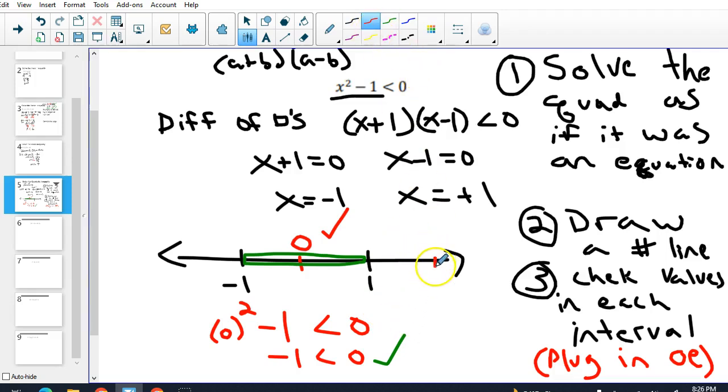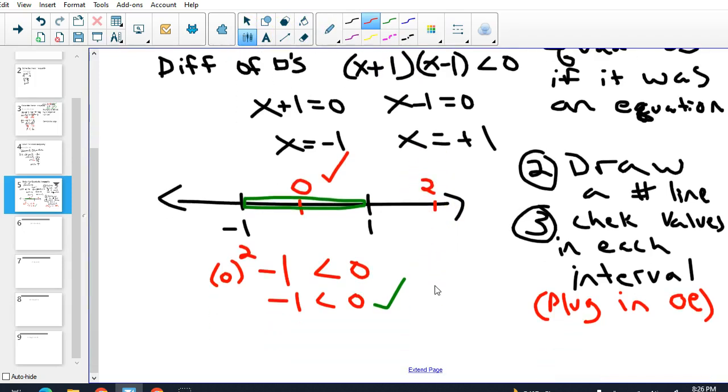Now, we can check the other intervals. I'm going to pick any number greater than 1. I could go with 10, but we'll do 2, any number that's bigger. It's the same idea. I'm going to plug that in.